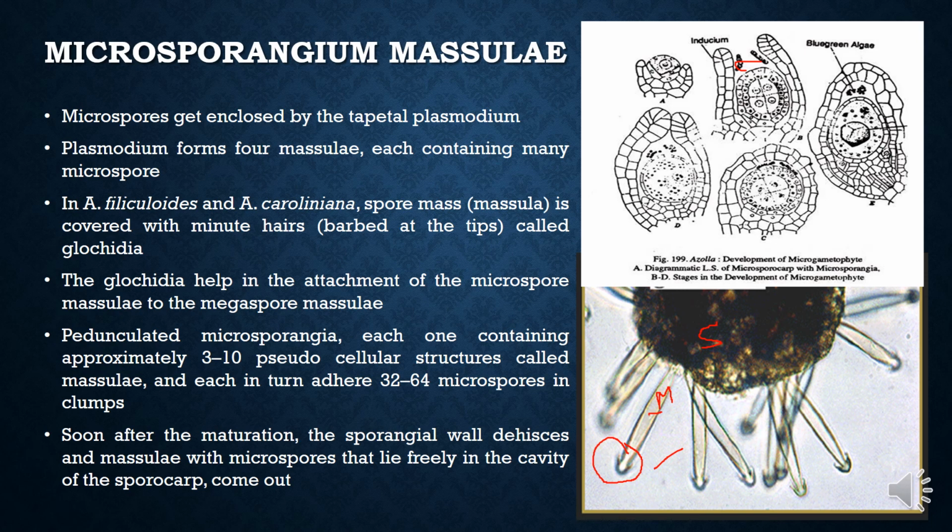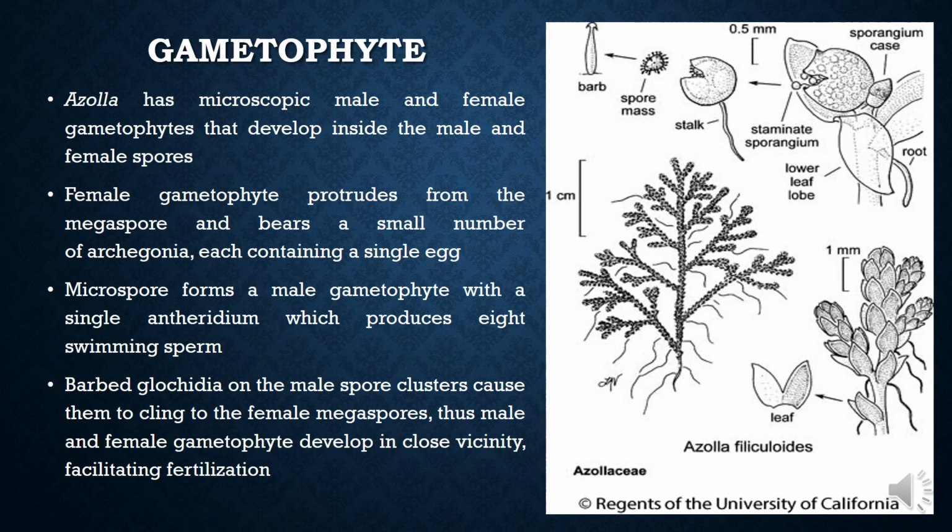Basically, when the microsporangia, the sporocarp wall, disintegrate, and also the sporangial wall disintegrates, both these walls disintegrate, this entire mass of microspores, entangled in the massula, comes out and gets attached or lodged to the surface of the female sporocarp, the megasporocarp.